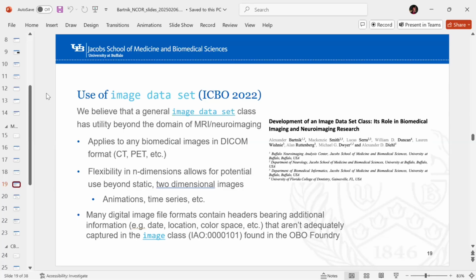So we ended up creating this image dataset class, which we use mostly for MRI and MRIO, but like I mentioned with a lot of the DICOM stuff, this also applies to really any other biomedical imaging modality, and that's something that we've talked about with the recent grant we've been working on for IOMBA with Carl Hummer from MGH, in applying a lot of this to imaging modalities even beyond MRI.